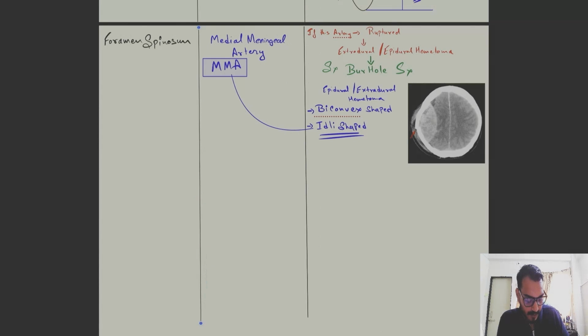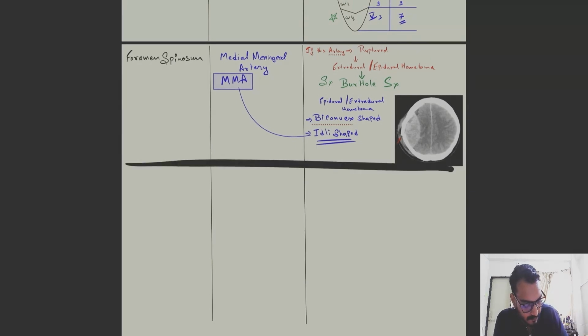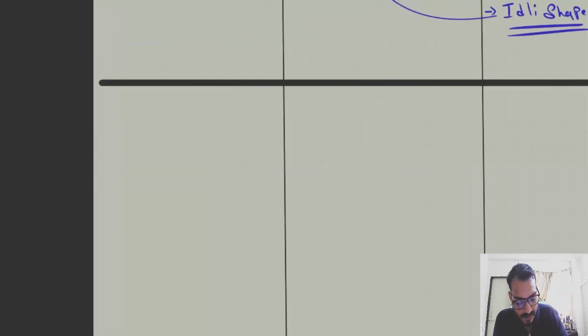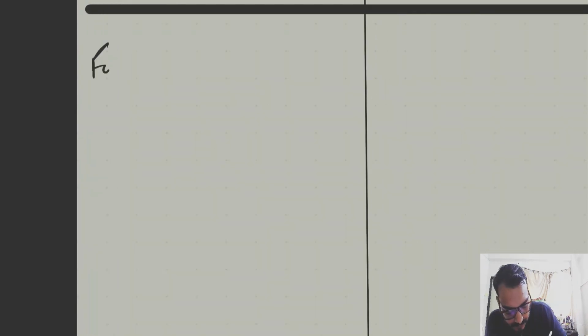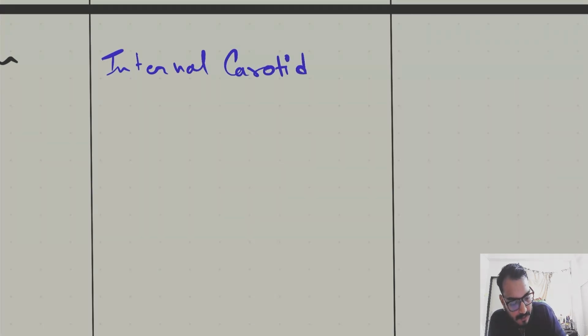This is all about the foramen spinosum, which you should remember, guys. Next one is foramen lacerum. In foramen lacerum, we have the internal carotid artery.